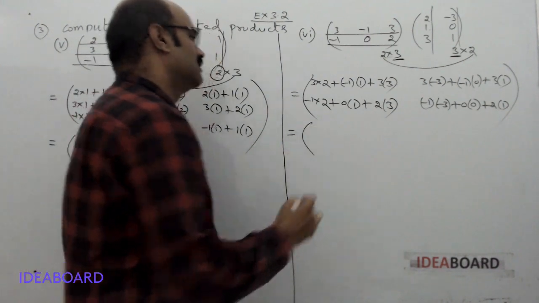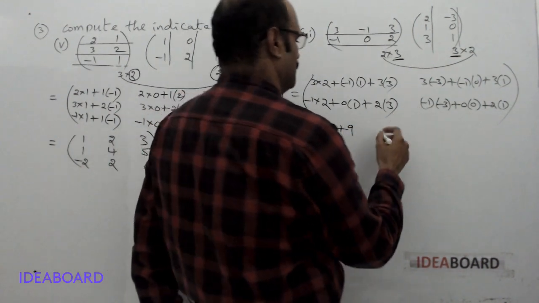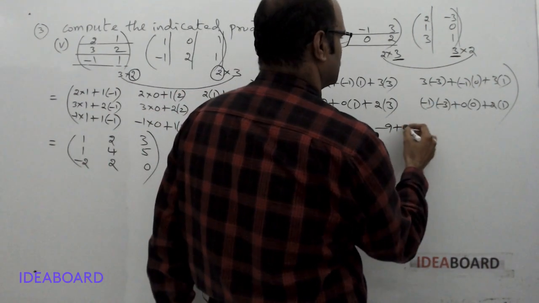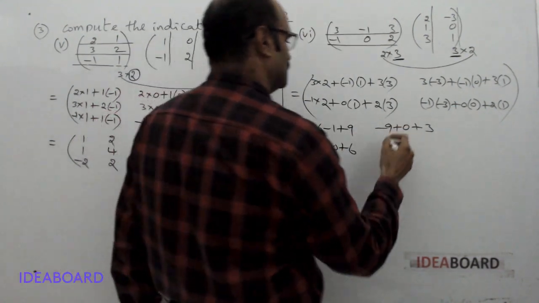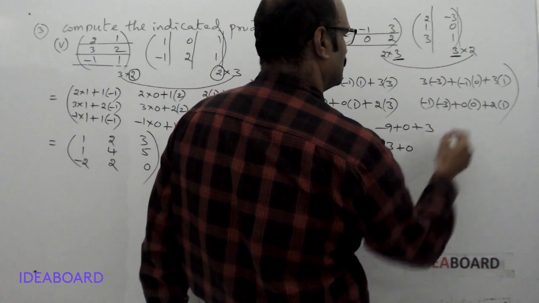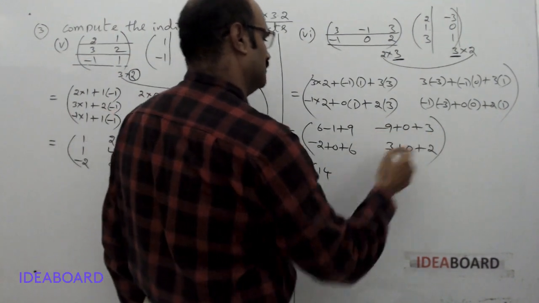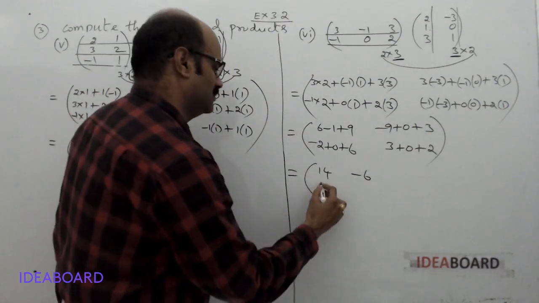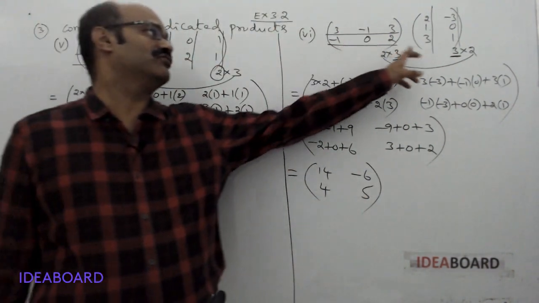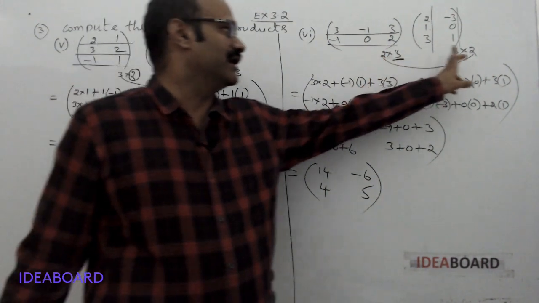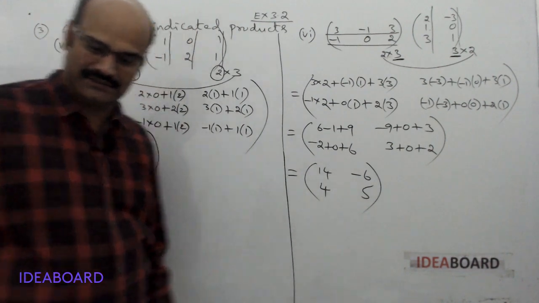It's equal to 6 minus 1 plus 9, minus 9 plus 0 plus 3, minus 2 plus 0 plus 6, 3 plus 0 plus 2. So it's equal to 14, minus 6, 4, 5. After multiplying these two matrices, we get a 2 by 2 matrix. Hence we are getting a 2 by 2 matrix.